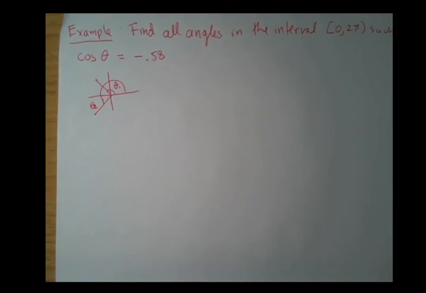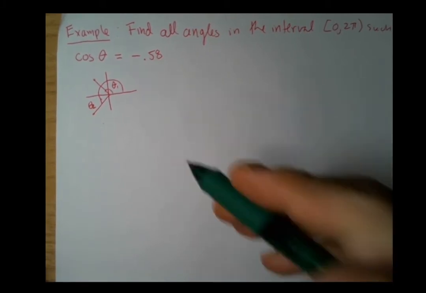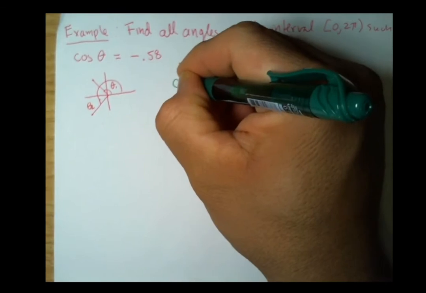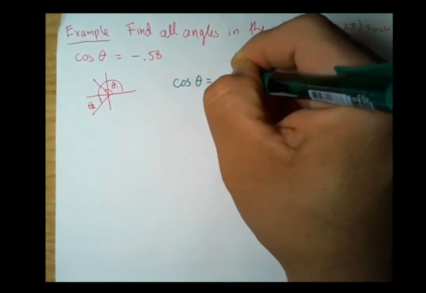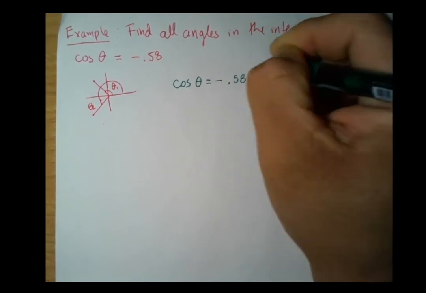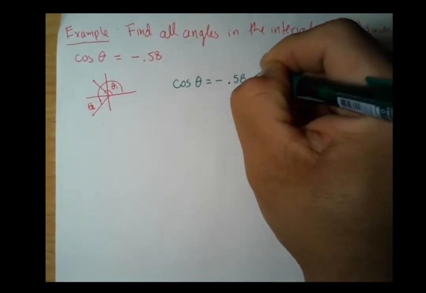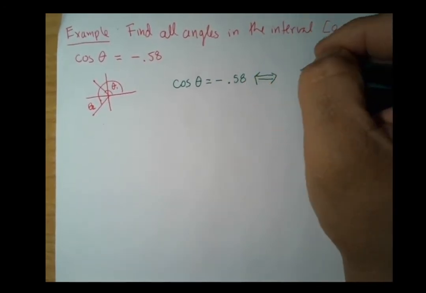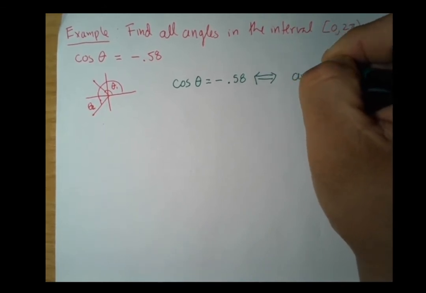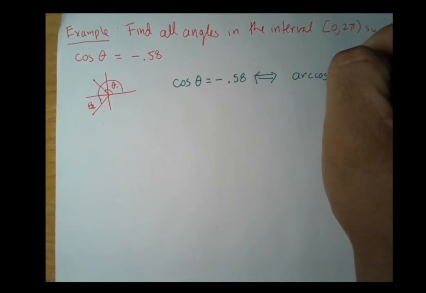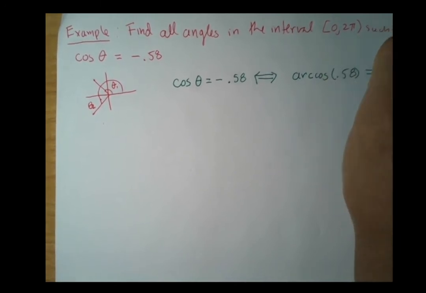We'll start off like we did in the previous ones, where we use our knowledge of inverse functions. So we have cosine of theta is equal to negative 0.58. This is true if and only if arc cosine of negative 0.58 is equal to theta.